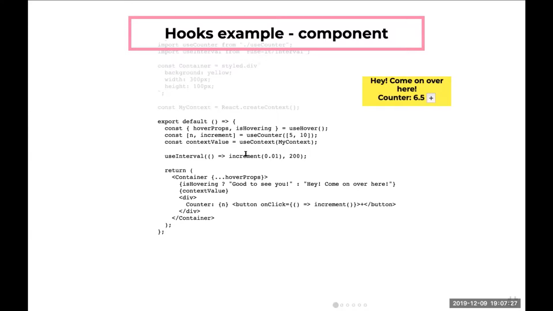It's on a timer. So every 200 milliseconds, it's incrementing by 1/100th. And then if I hit plus, it increments by a whole number. And then if it reaches 10, it cycles back to 5 because I'm using a range. That's something that I have baked into my counter.